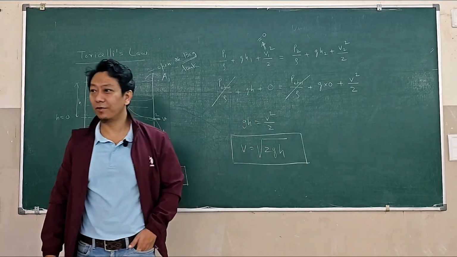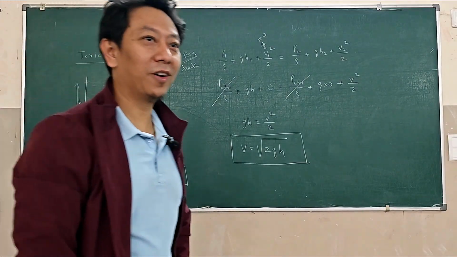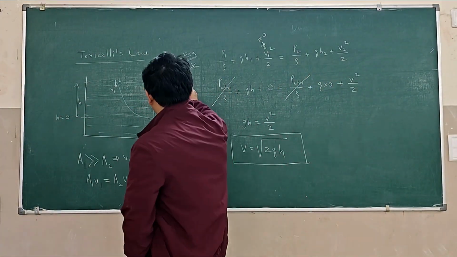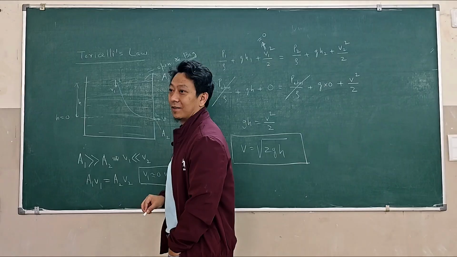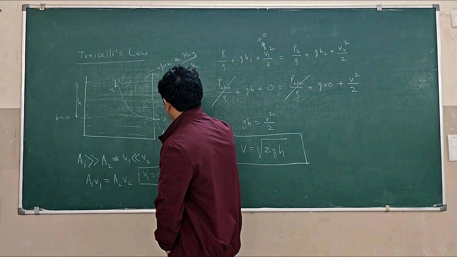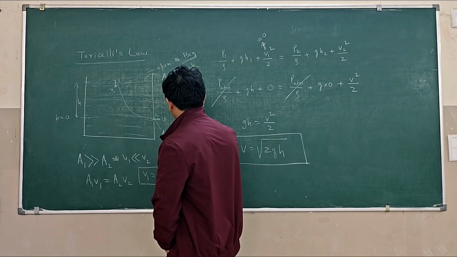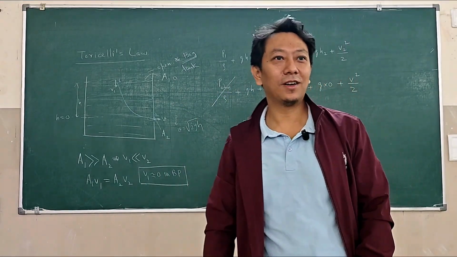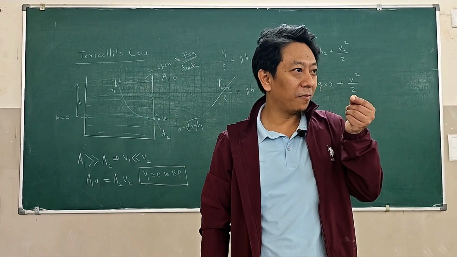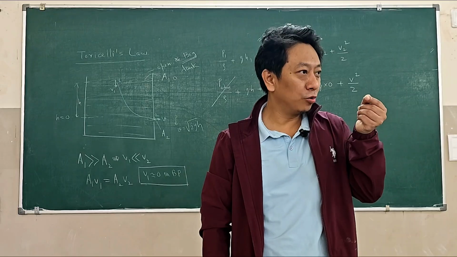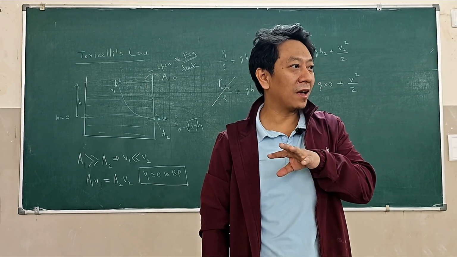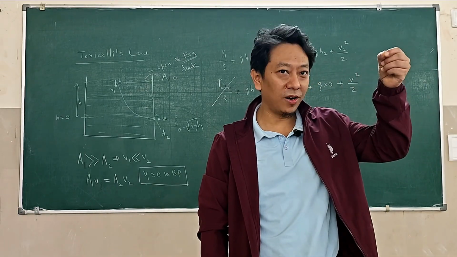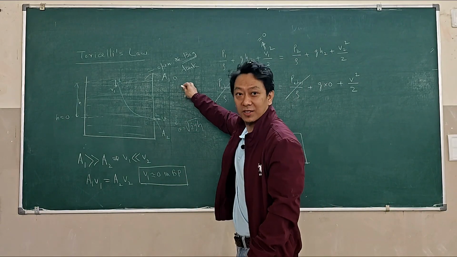This reminds you of free fall velocity. So if you drop a stone from here, by the time it reaches the hole, it will have this velocity only. That is Torricelli's discovery, that he found that the velocity of fluid through the hole is the same as the velocity of a body dropped from outside in free fall.